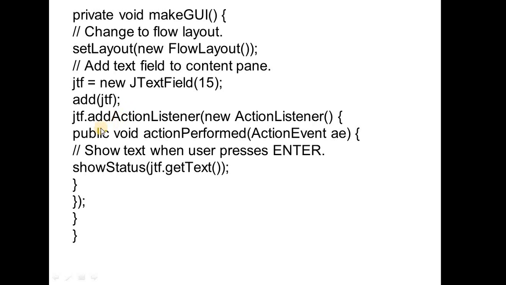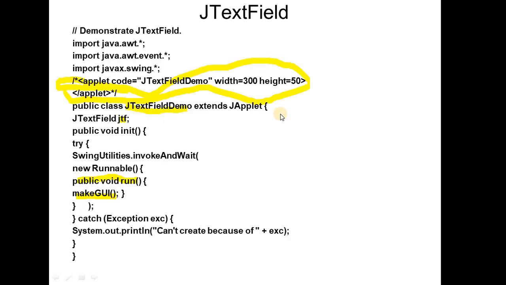Next, jtf.addActionListener, with a new ActionListener. For the event of that text field, I'm going to add the action listener and the actionPerformed method. What it will do is showStatus(jtf.getText()). Over here it will display the text that is entered in that text field. So it is better to run this program and show you.